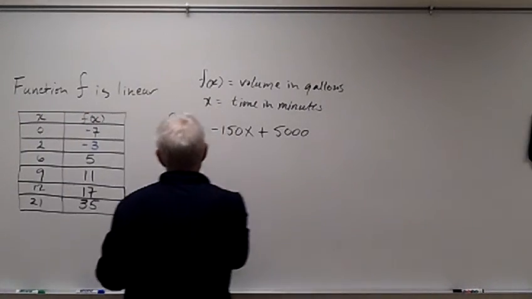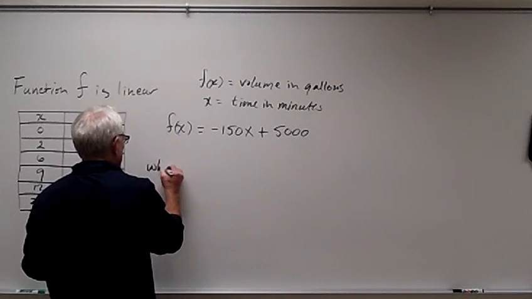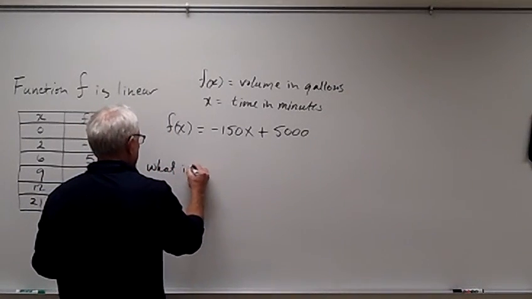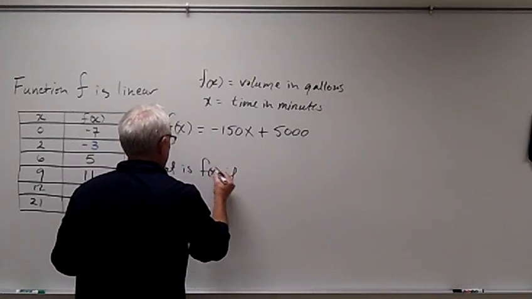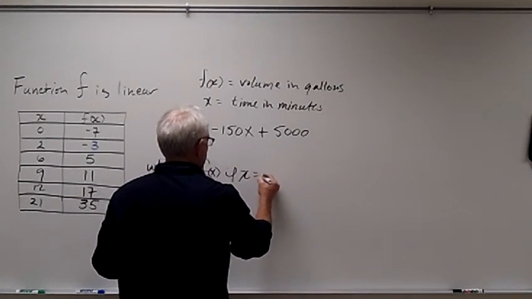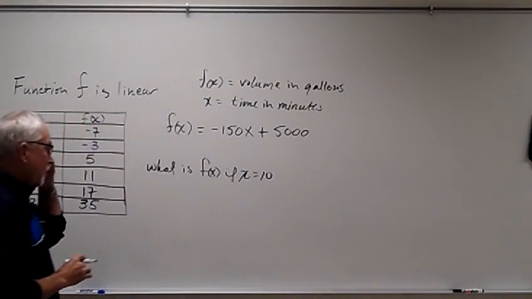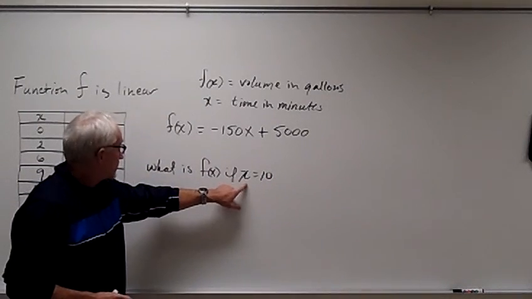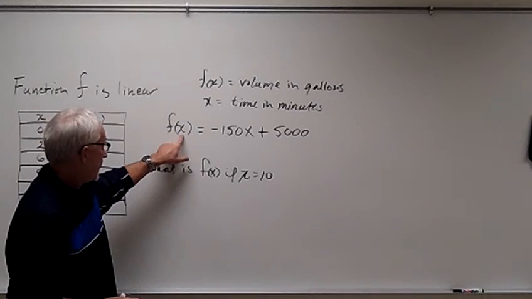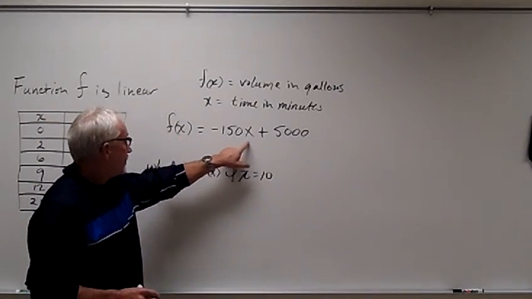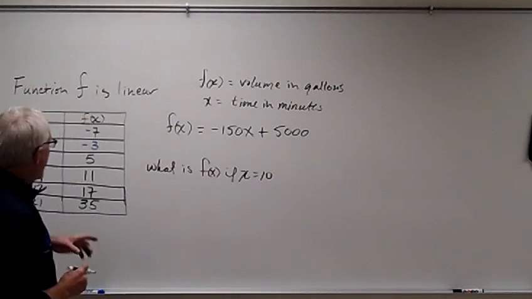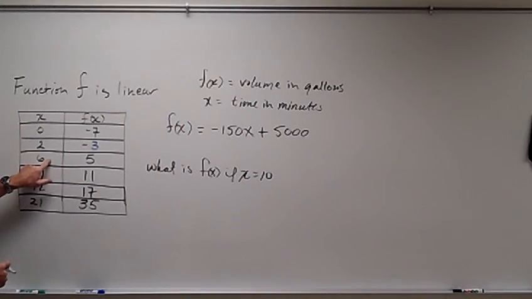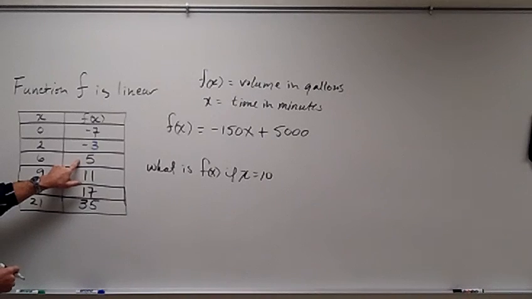So if we ask, what is f of x if x equals 10, what we could do is substitute the 10 in for x everywhere we see it in our equation, and then evaluate. That's like having an x in our table and looking for an f of x.